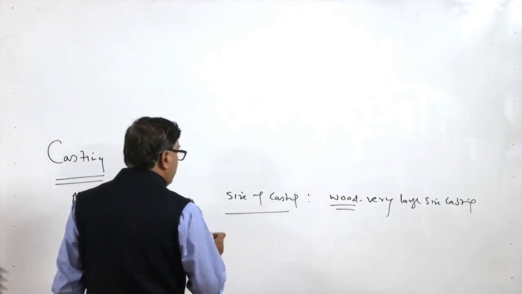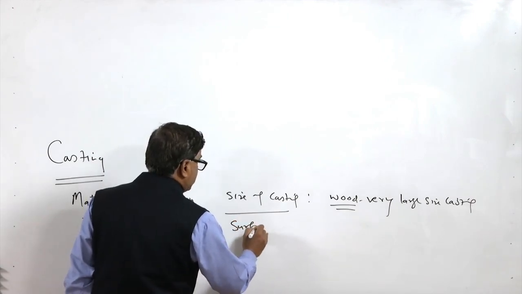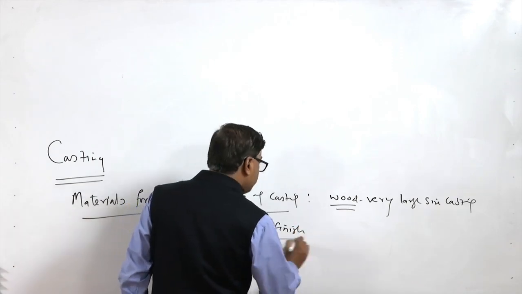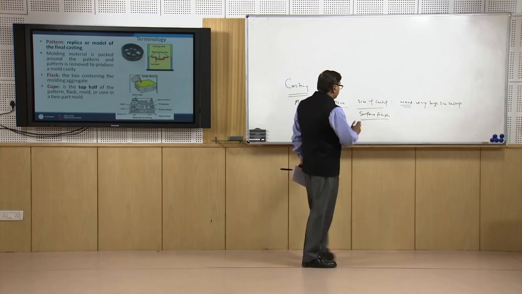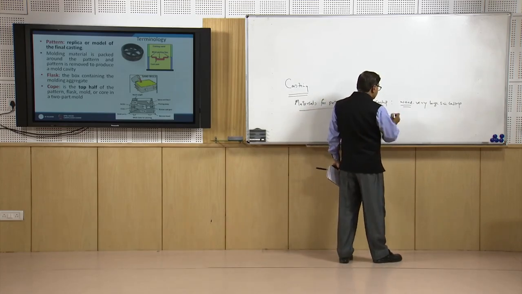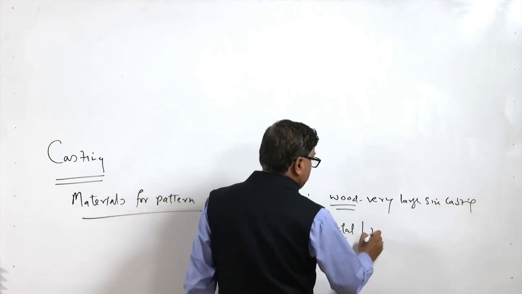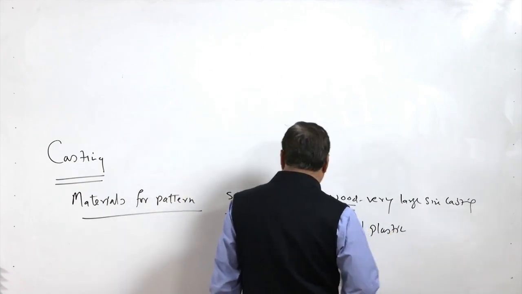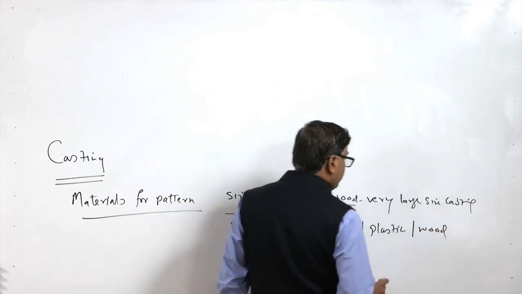Otherwise, like say the surface finish, if some of the components are to be used in as cast condition, then it is better to consider the surface finish. So, surface finish is another factor here, like say if a good finish is desired, then a metallic pattern is preferred or plastics are used. Otherwise, for reasonably good finish, we prefer the wood.